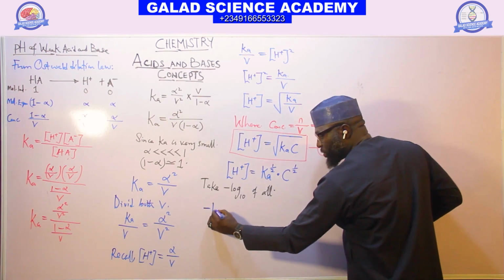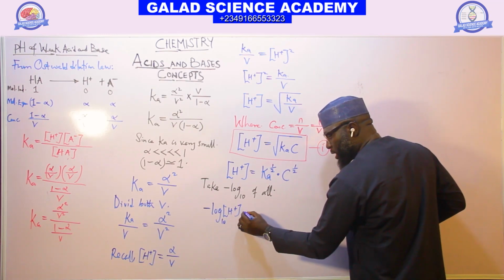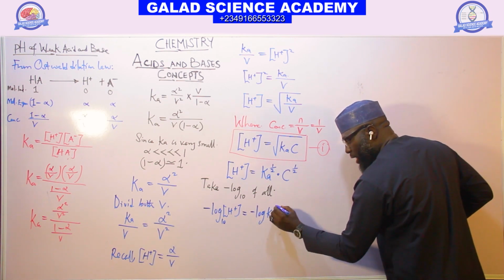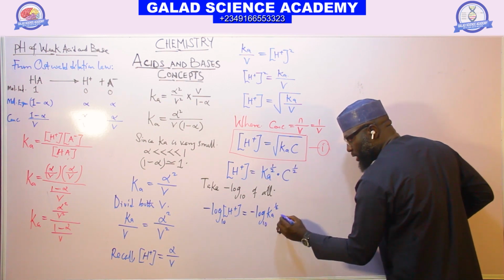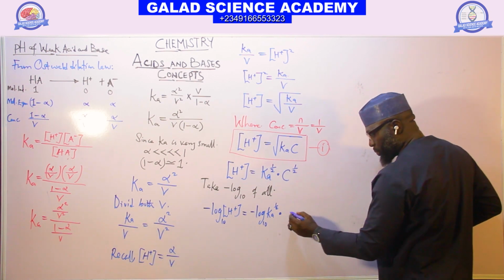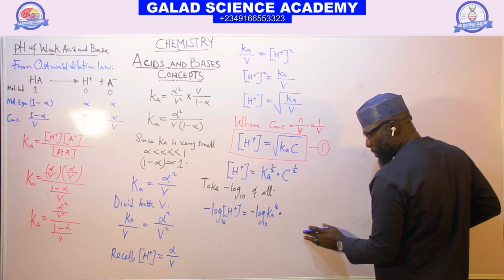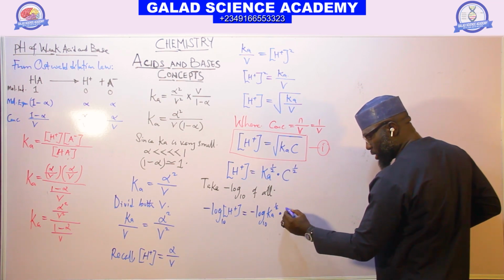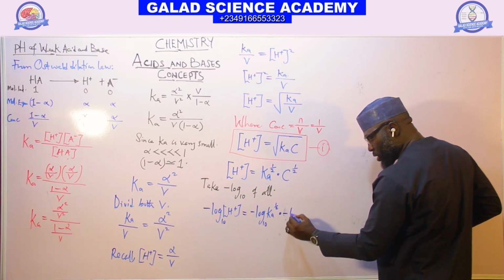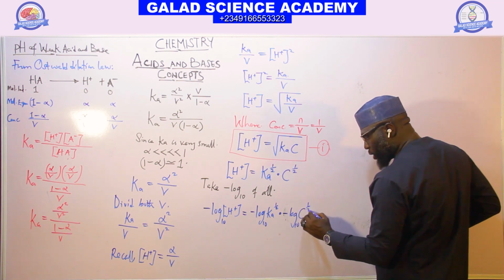We have negative logarithm of the concentration of H plus here to base 10 equal to the negative logarithm of Ka to the half to base 10, then times the negative logarithm to base 10 of C to the 1 over 2.